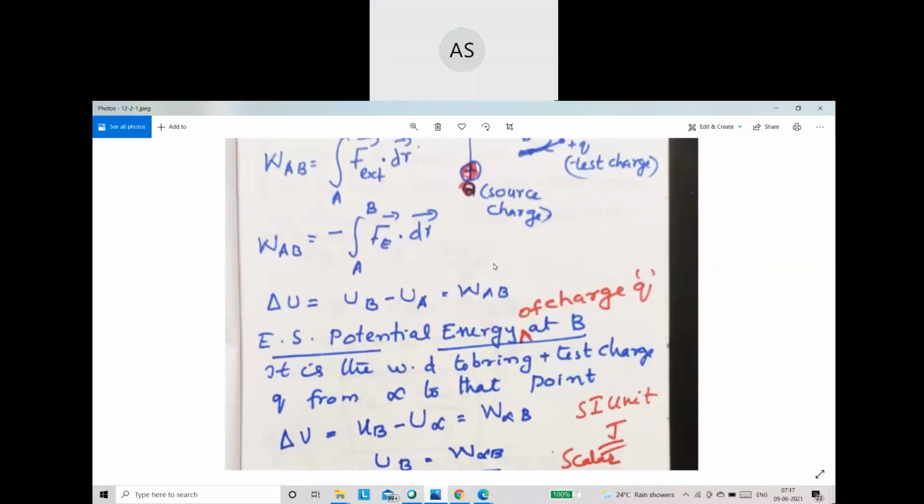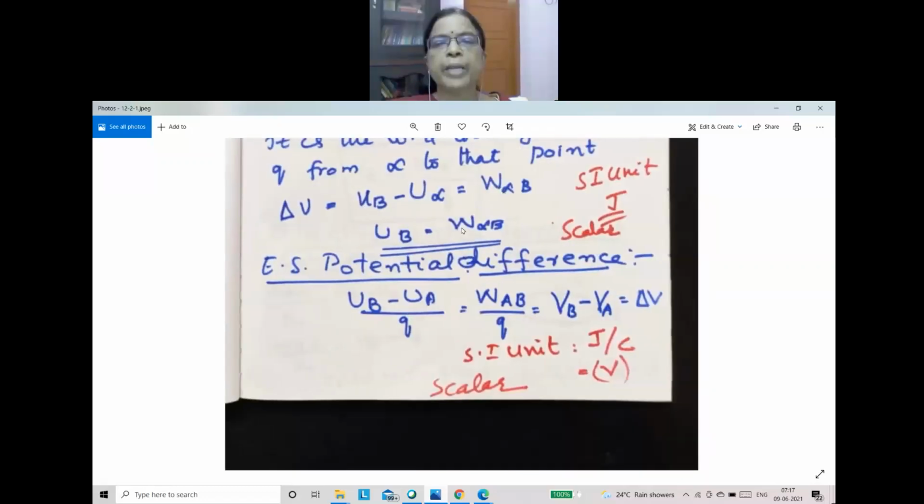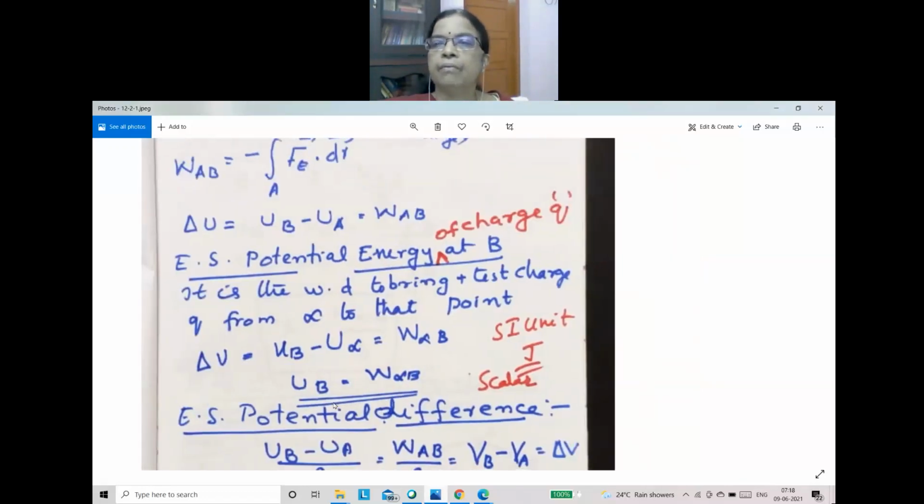Work done to bring a charge. But potential difference, work done to bring a charge or unit positive charge? Unit positive charge. So WAB by Q it will be. That is the difference.